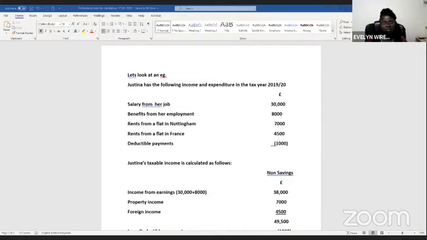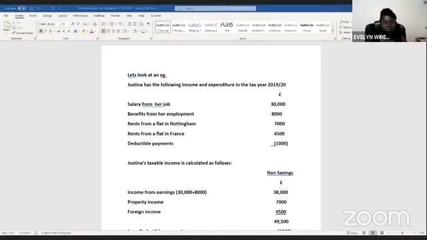Then she had benefit of 8,000, and she rented a flat in Nottingham which had rental income of 7,000. She had a foreign income as well, rent from a flat in France, which is 4,500, and there was a deductible payment.